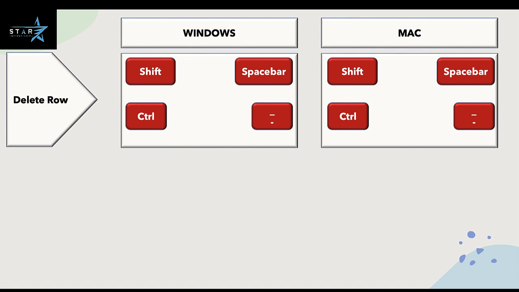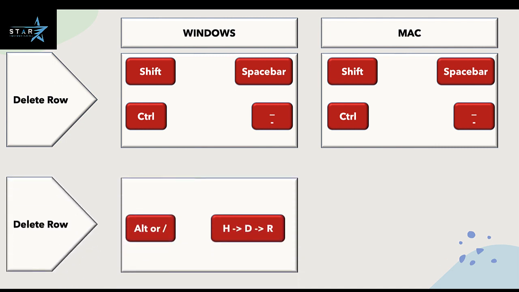In Windows, there is another shortcut to delete the row, which is Alt HDR. So you have to press Alt, followed by H, followed by D, and then R, and the row on which the cursor is at that point in time will get deleted. Unfortunately, there is no such shortcut available on Mac laptop.